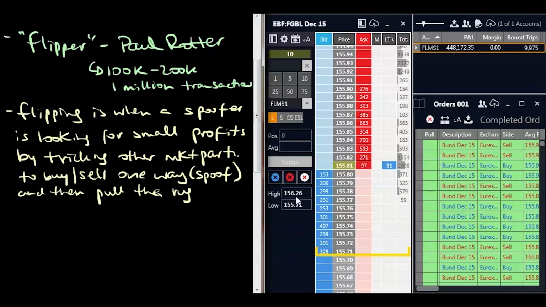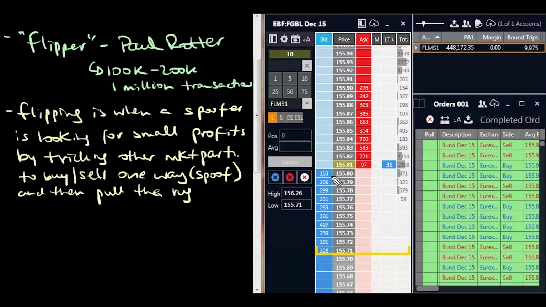So let's say he's spoofing one way and people are buying. Let's give a quick example. Let's say it's 1,000 lots, or 1,530 lots.